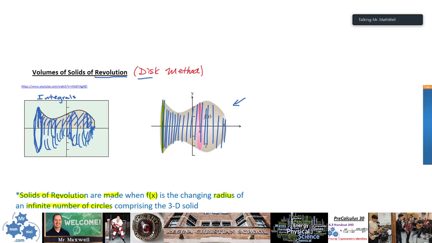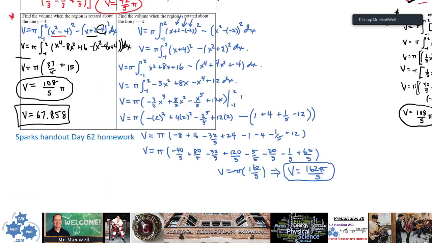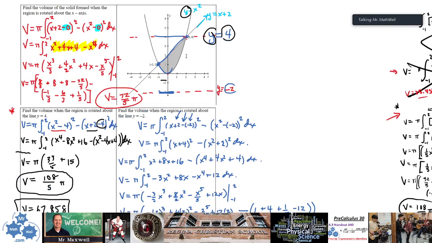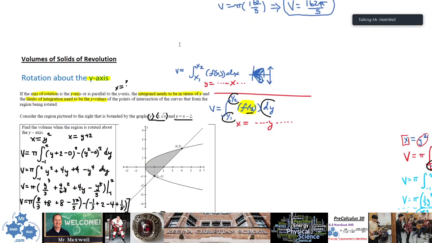There's no gaps. It's a solid disk. A disk would be a circle that is completely filled in. Disks are solid. Now, what we're looking at here, because we've got two different functions, we're finding an area between two functions, and then we're rotating that area. Because there's two functions involved, this is also called the washer method.